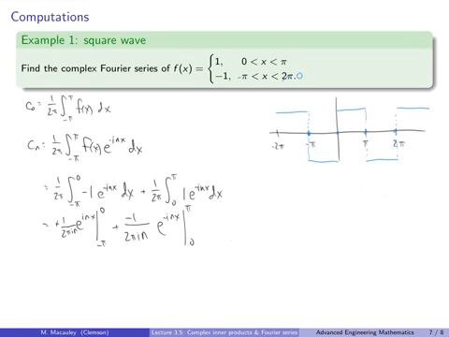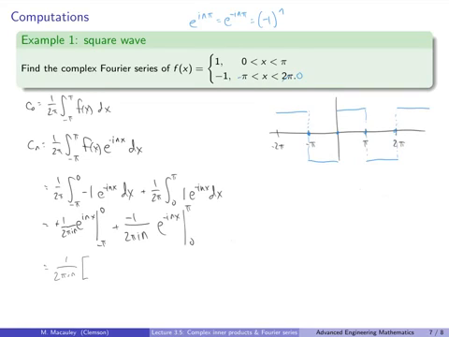Now remember, I'm going to write it up top: e to the i n pi equals e to the negative i n pi, which is negative 1 to the n. Does not matter if this is plus or minus. So this first one is equal to 1 over 2 pi i n.